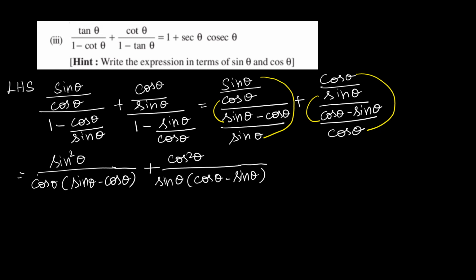Here you should see one thing: this sin theta is plus here, it is minus there, and this cos theta is minus here, it is plus there. So I am going to take minus from here, that is sin square theta by cos theta into sin theta minus cos theta.